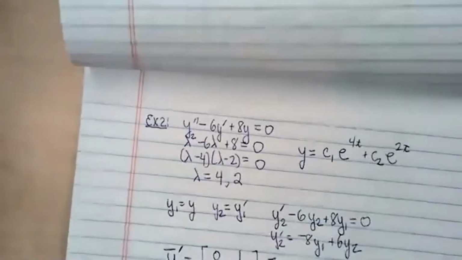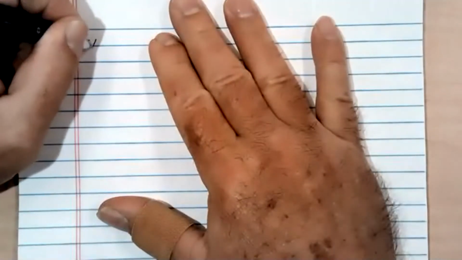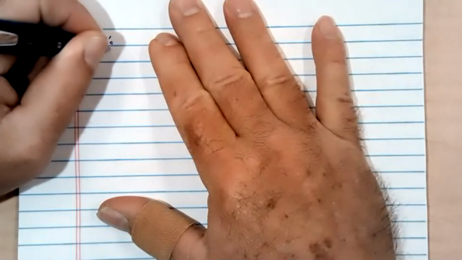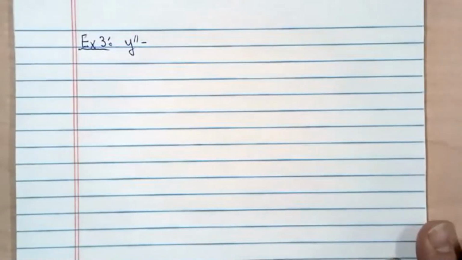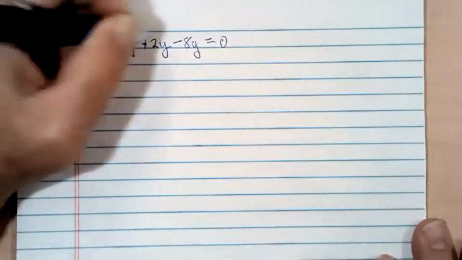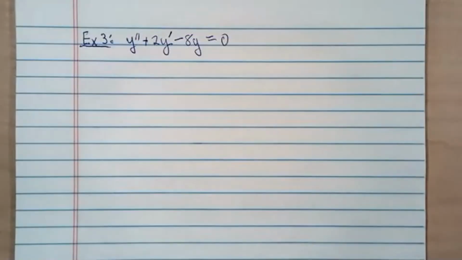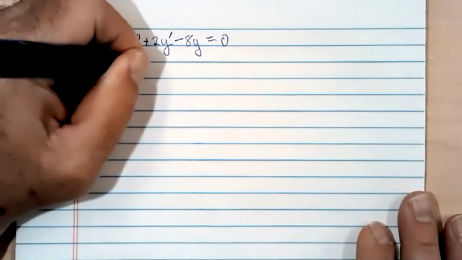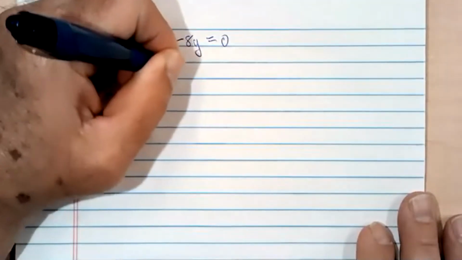Well, how about this one? Once again, an earlier example warmed over. It's going to change a minus sign pattern. y double prime plus 2y prime minus 8y equals 0. In this form, lambda squared plus 2 lambda minus 8 equals 0.